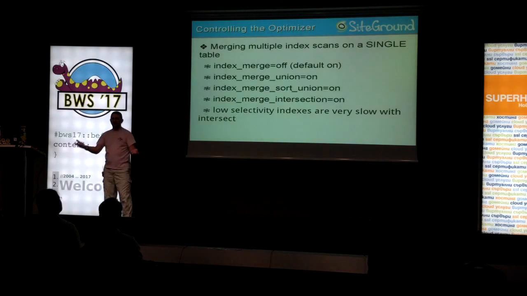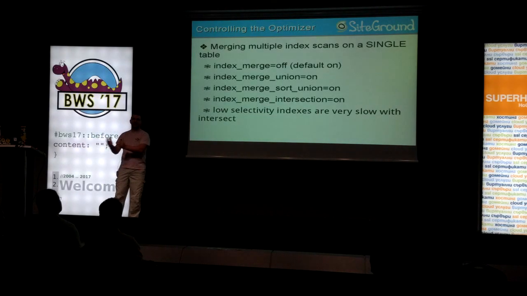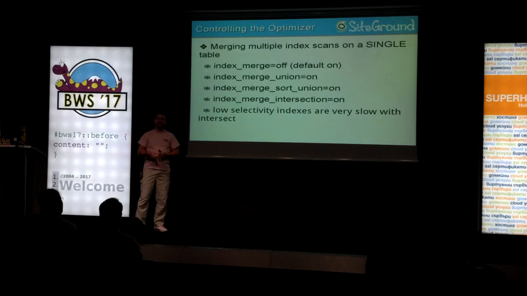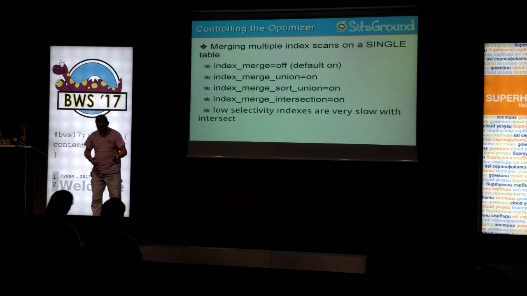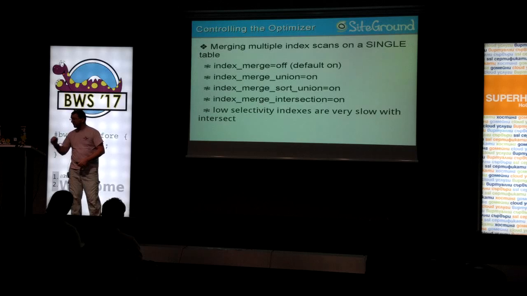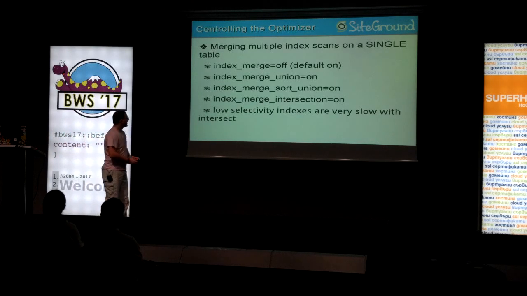So it's not a single index scan, but like 1,000 different index scans. When this happens, MySQL may simply decide to throw away your key and start using a full table scan.